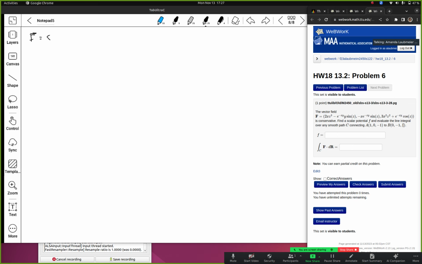So my f is 2xz cubed minus e to the minus xy y sine of z minus x e to the minus xy sine of z 3x squared z squared plus e to the minus xy cosine of z.